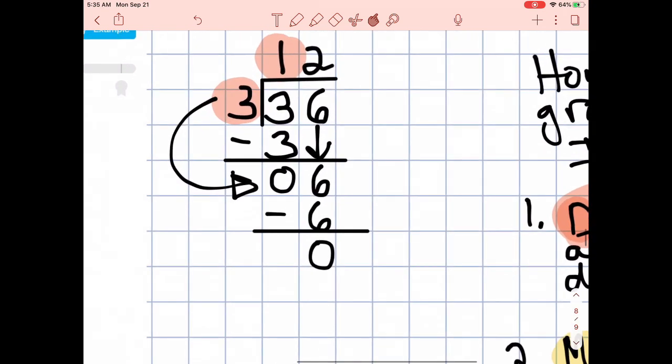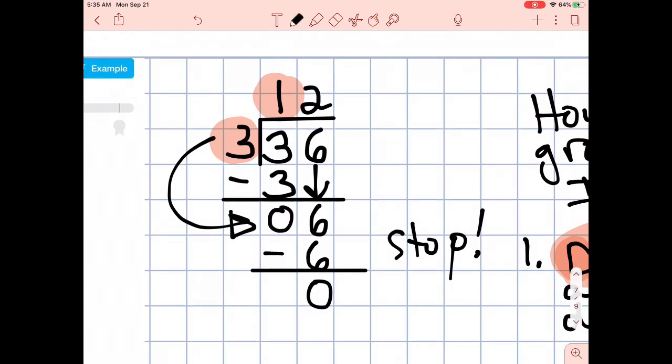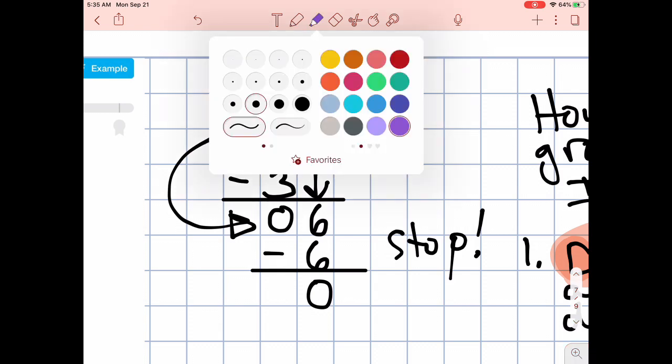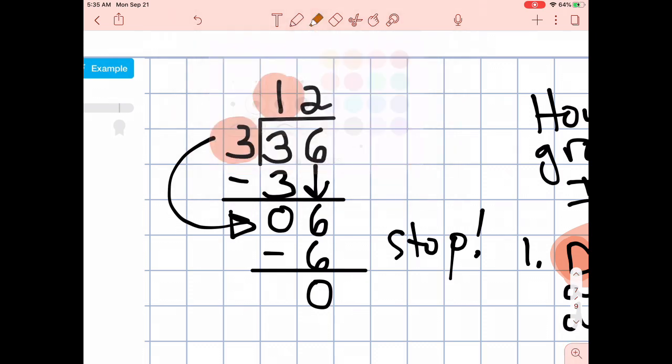Is there anything left to bring down up here? Nope, nothing left to bring down. That means I need to stop. I'm done. I have my answer. When there's nothing left to bring down, you are done with your division problem. The answer, the quotient in this example, is 12.